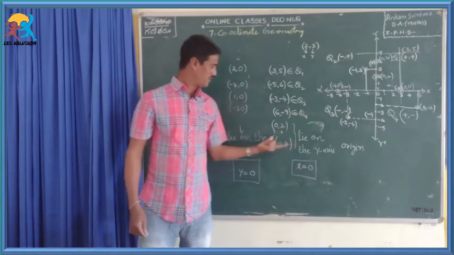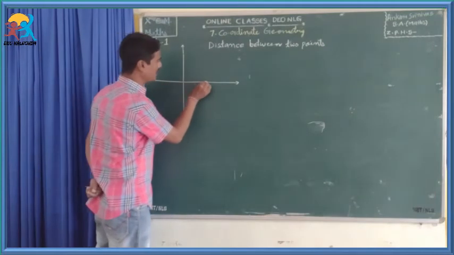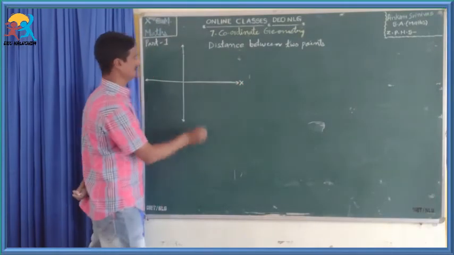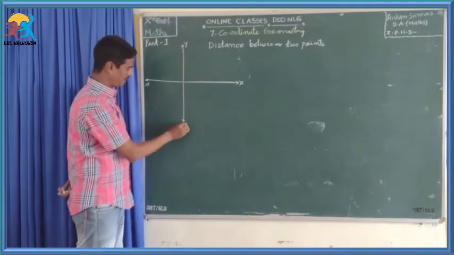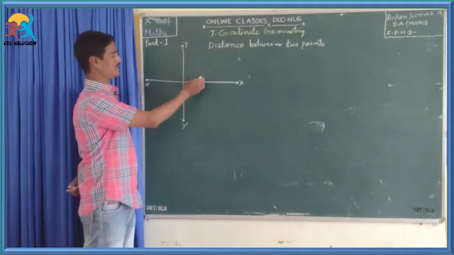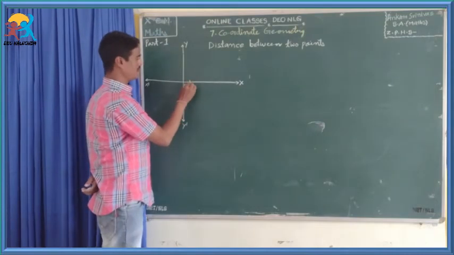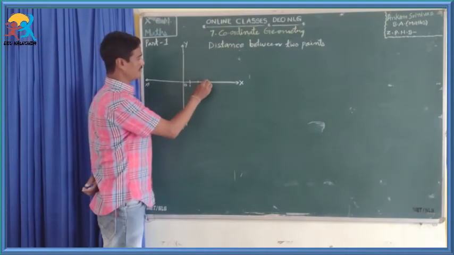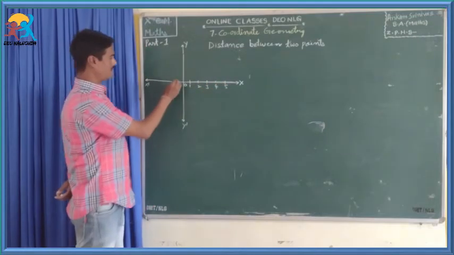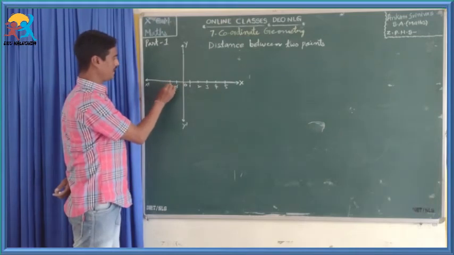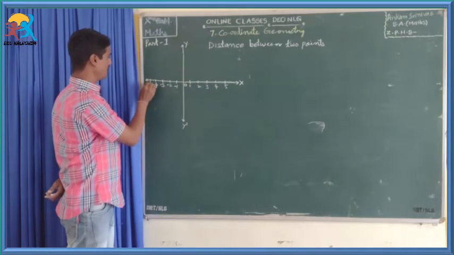I am just revising. The horizontal line is called the x axis, x dash, and this is the y axis, y dash. The intersecting point of the x and y axes is the origin. The right side is positive 1, 2, 3, 4, 5, and the left side is negative 1, negative 2, negative 3, negative 4, negative 5.